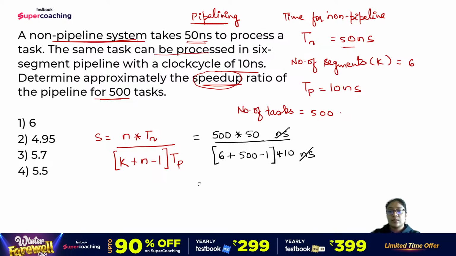Ultimately this comes out to be 25000 divided by 5050, which is 4.95. So speed up is 4.95. Nothing much to do. If you are comfortable with how to find the time for the non-pipeline, then you could easily calculate, because all the values were given directly in the formula.